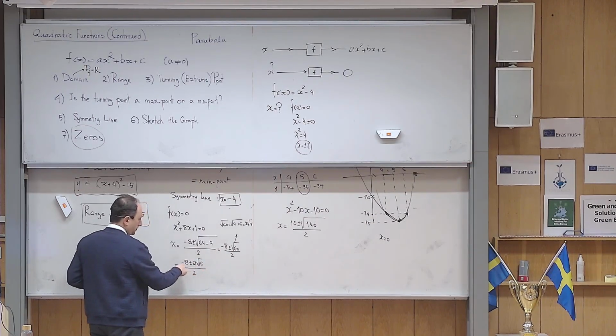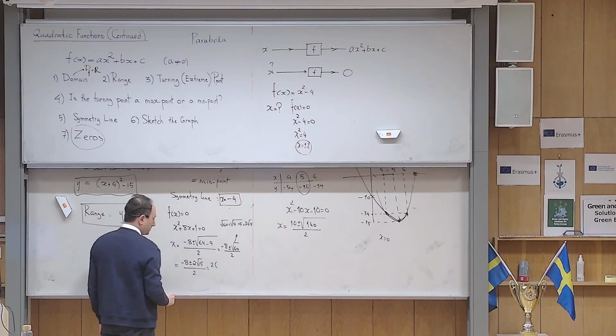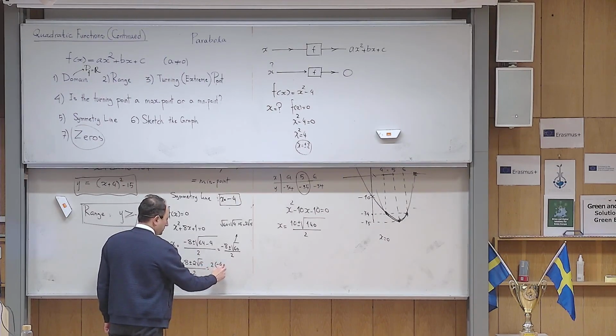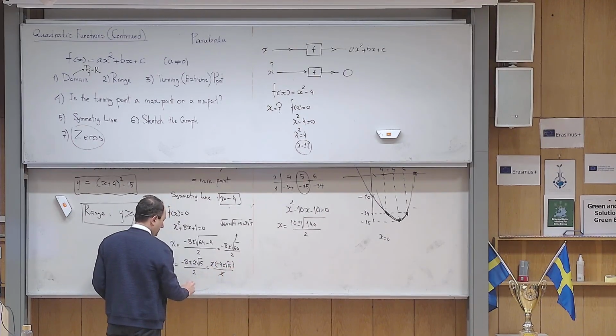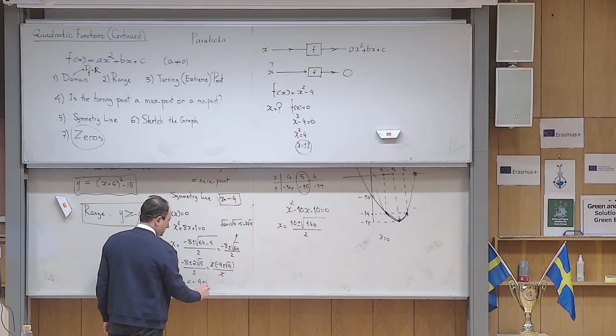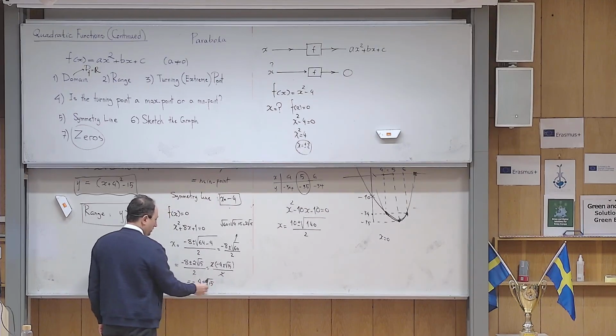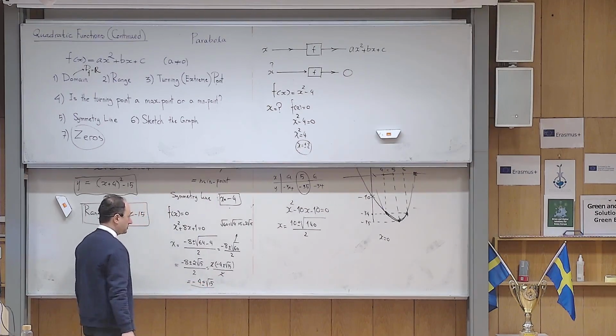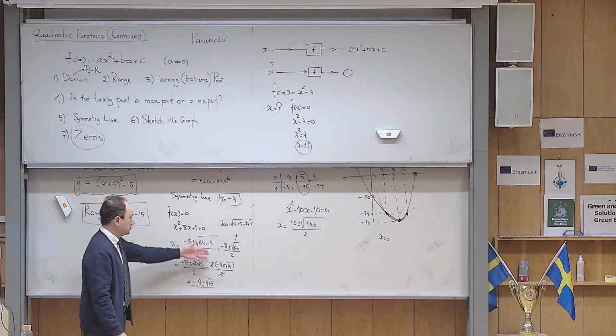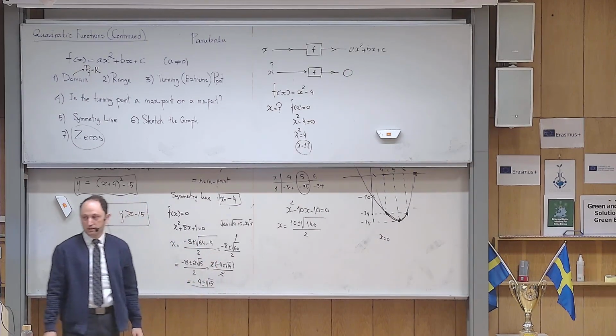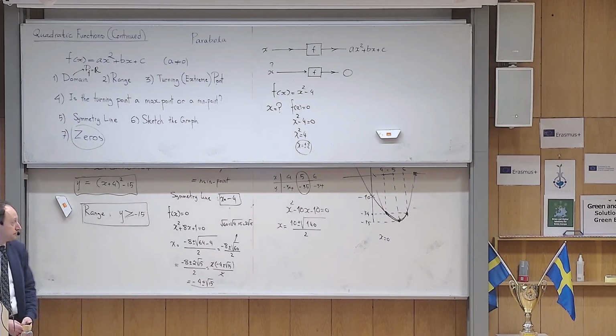But between this one and that one, I can factor a 2 out. It becomes minus 4 plus or minus the square root of 15 divided by 2. This 2 and that 2 are gone. So if you insist on making it more beautiful, you continue up to here. These two numbers are the zeros of the function. But if you don't want to simplify it, you stop there. So both of them are acceptable.